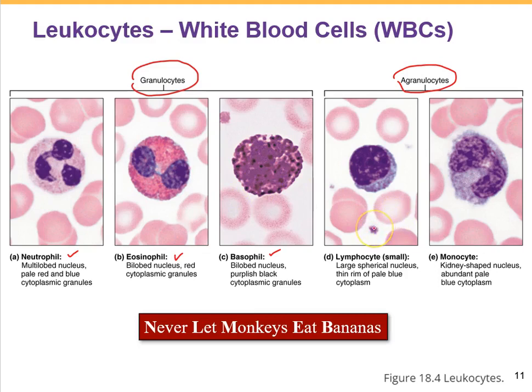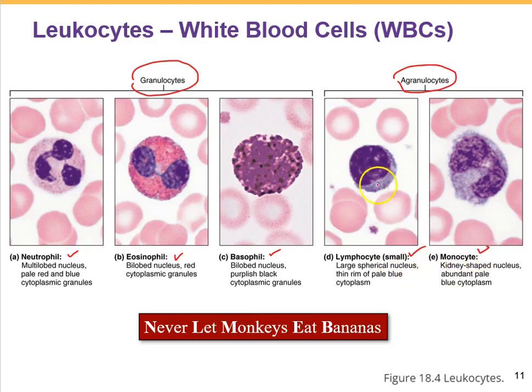Agranulocytes, also called agranular leukocytes, unlike granulocytes, do not have visible granules in their cytoplasm. Instead, they have a more uniform appearance. Agranulocytes include lymphocytes and monocytes.